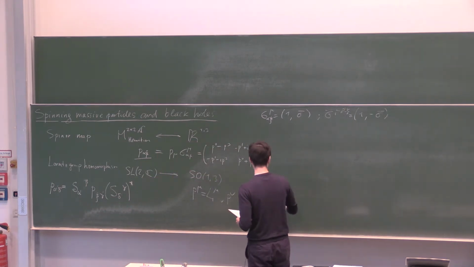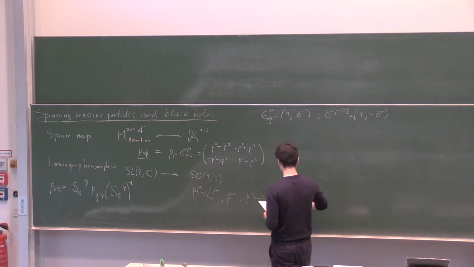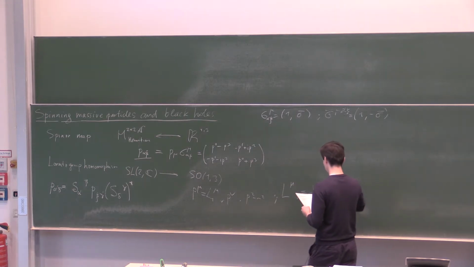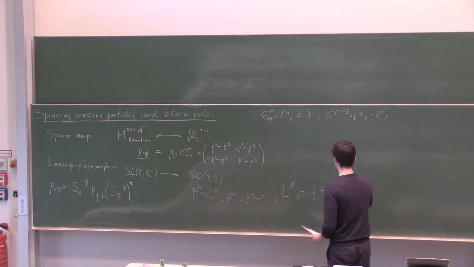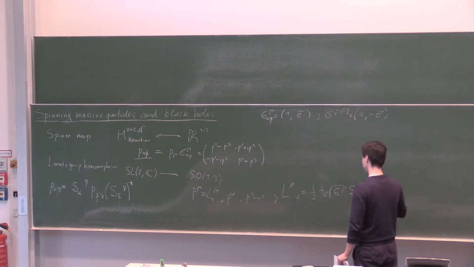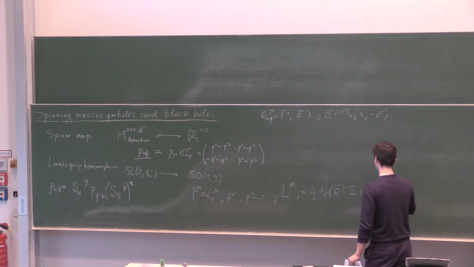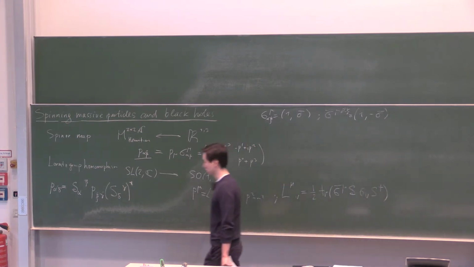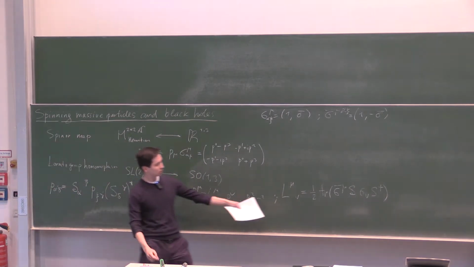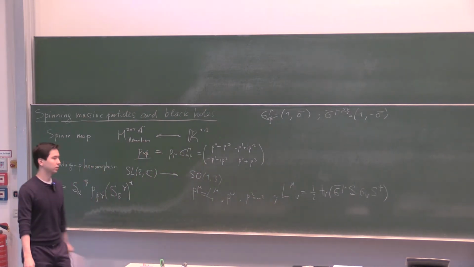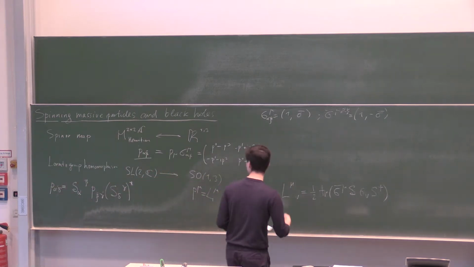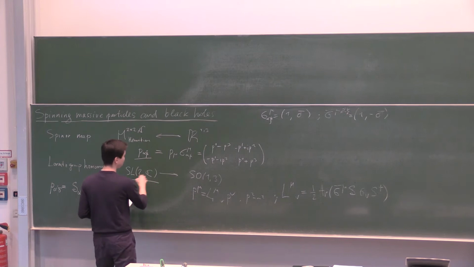And the explicit map is realized by this equation. Trace sigma bar mu S sigma nu S dagger. Okay? So for any S in this group, this formula will spit you out a Lorentz transformation. And this is an explicit map to show that this is a double cover of that.